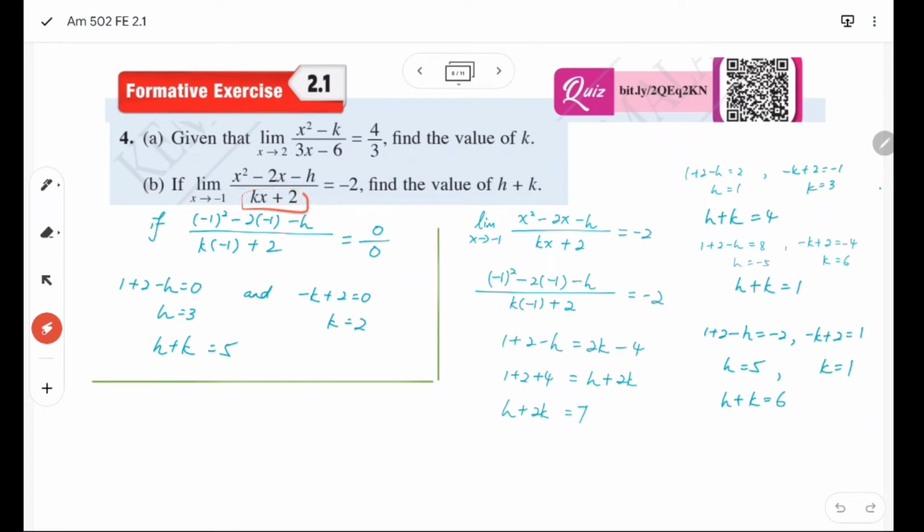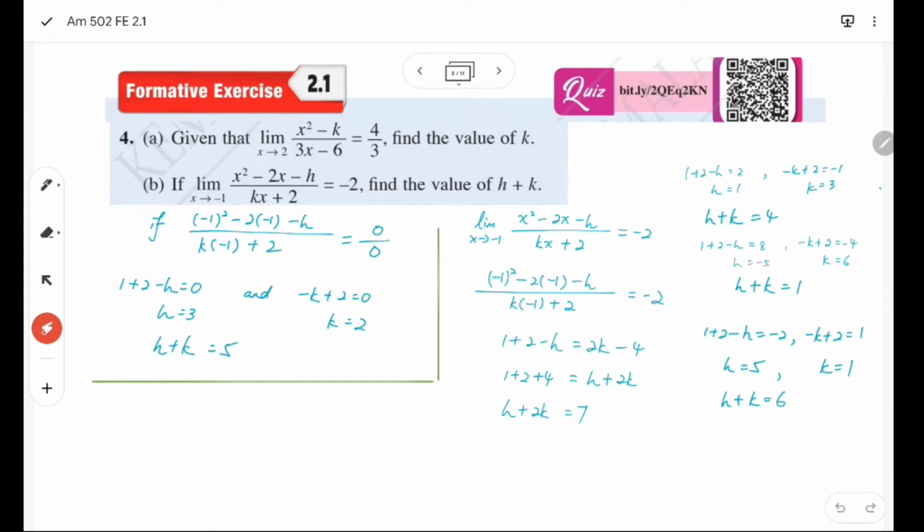It involves an unknown, so we cannot be sure that it will be 0 over 0. If this happens, then the numerator equals 0, we get h equals 3, and the denominator equals 0, we get k equals 2. So h plus k equals 5.